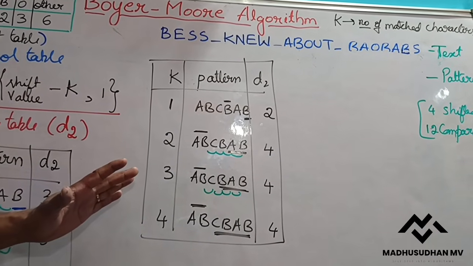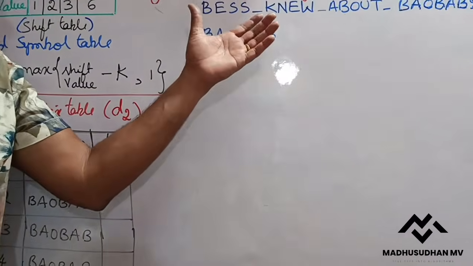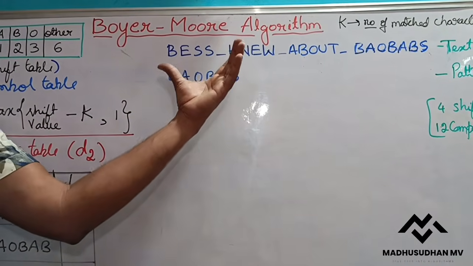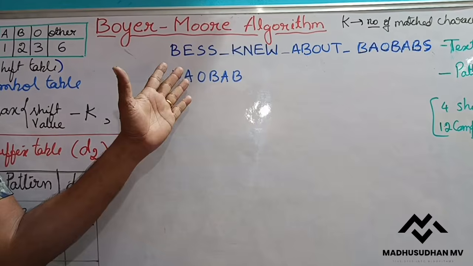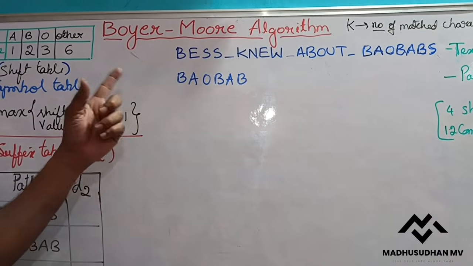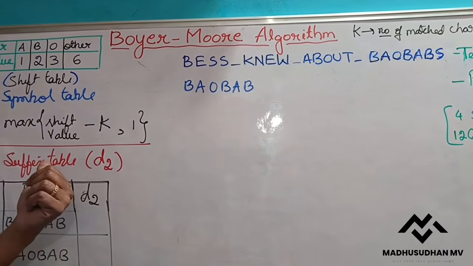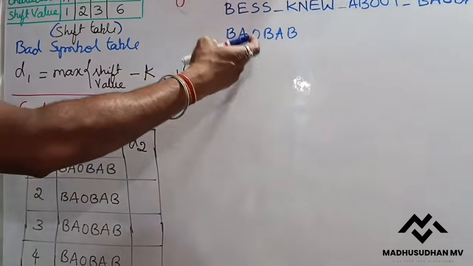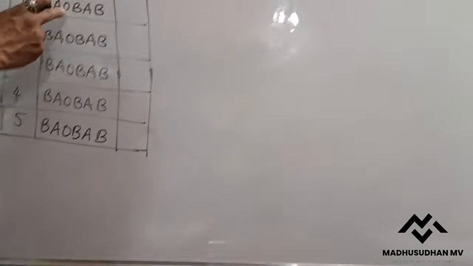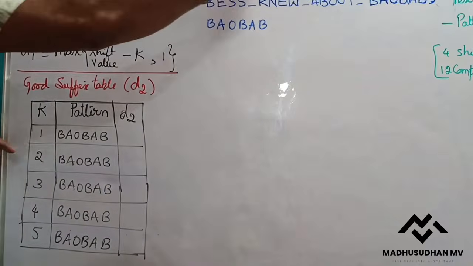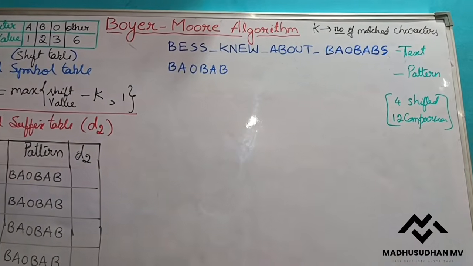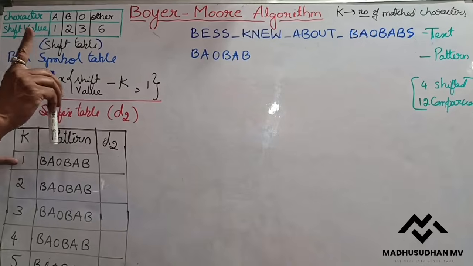Hope it is understood. Now let us see how to apply the Boyer-Moore algorithm for the same problem. For that we need to construct one more table for this given pattern, that is the good suffix table. Now for the good suffix table for this example, this is the pattern. Now K indicates the number of matched characters. The number of matched characters is 1.